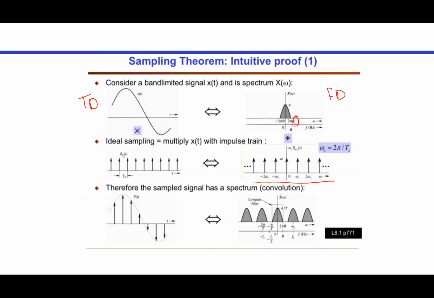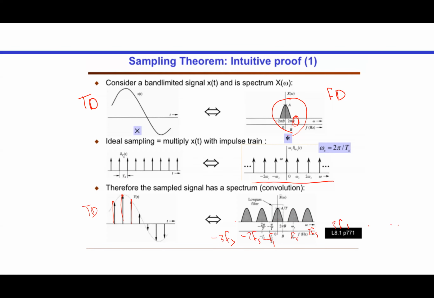This is what it will look like in the time domain, a train of pulses having different amplitudes. But in the frequency domain, we will have the same frequency response of our original signal. It will have multiple images at every multiple of our sampling frequency: at fs, at 2fs, at 3fs, until infinity, and again at minus fs, minus 2fs, and minus 3fs.